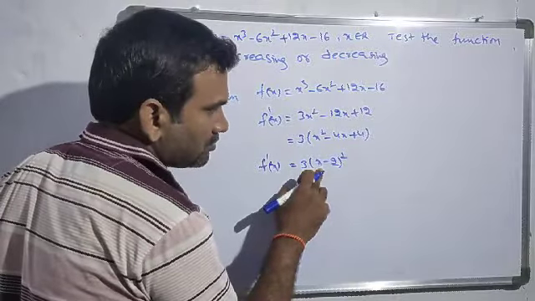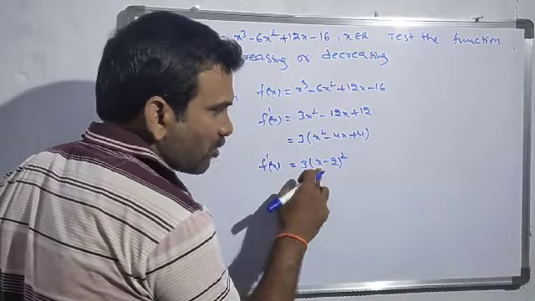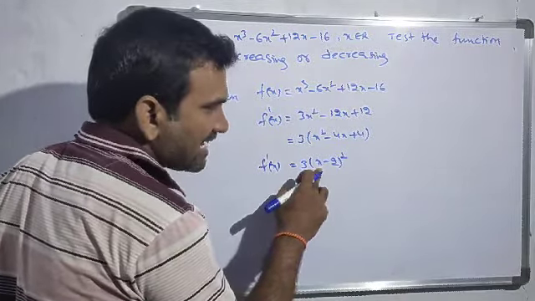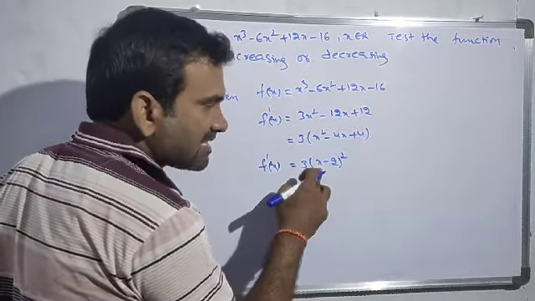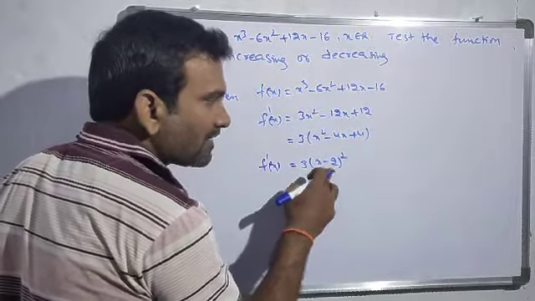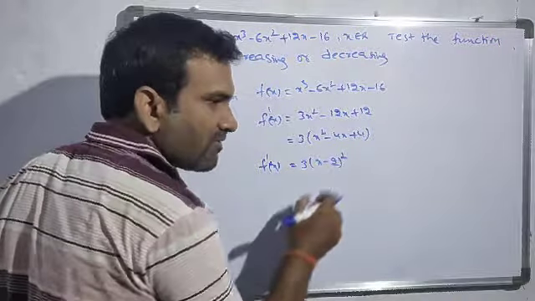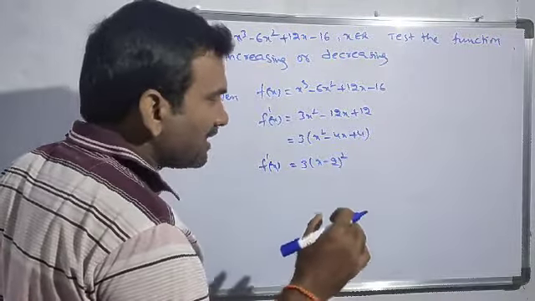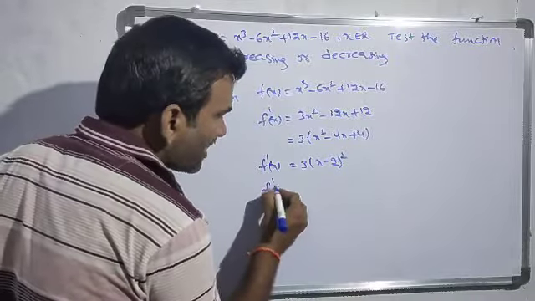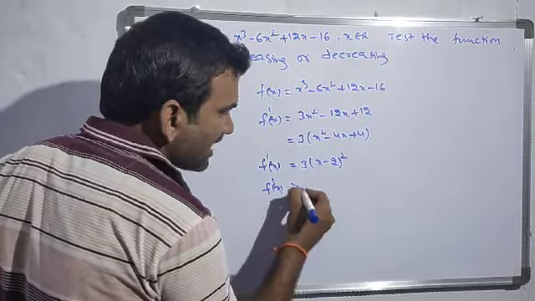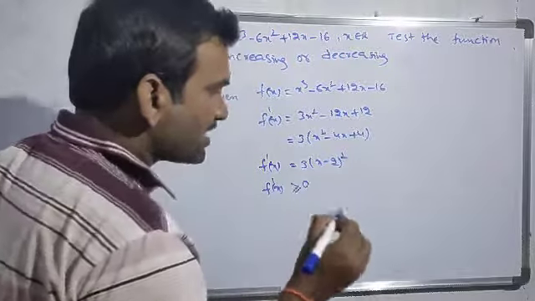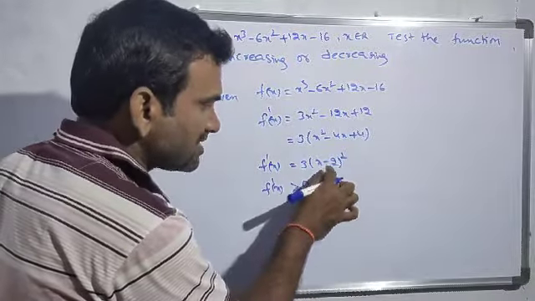If x is greater than 2, you are getting the positive value. If x is less than 2, any whole square value is compulsorily greater than or equal to 0. So f dash of x is compulsorily greater than or equal to 0. If x equal to 2, this value becomes 0.